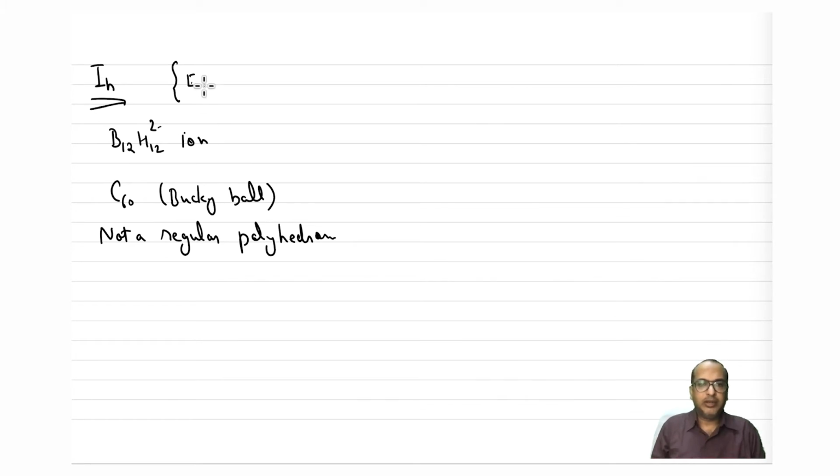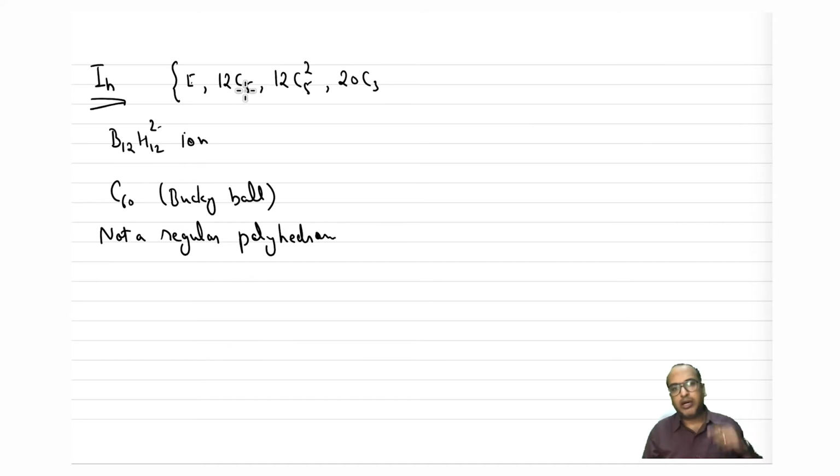So let's see the number of symmetry elements, which is actually very huge in this, highest for a symmetry point group actually. 12 C5, 12 C5 squared, 20 C3. We'll come back to this later, why we can combine certain sets of operations into one number.